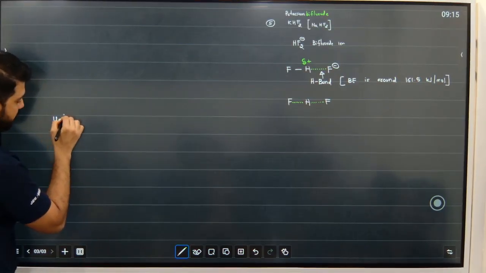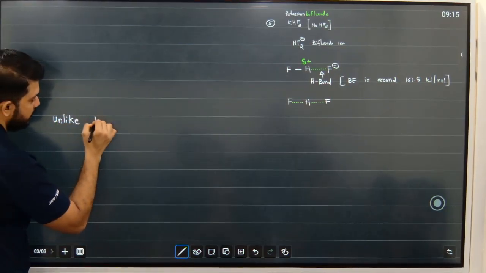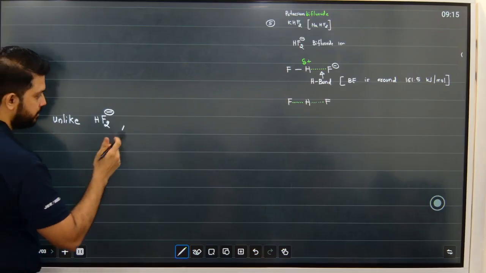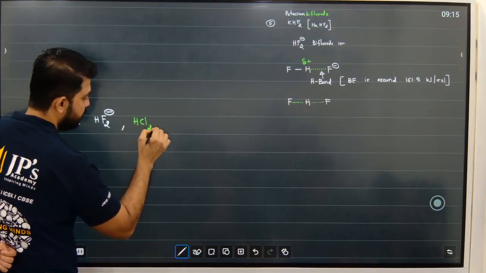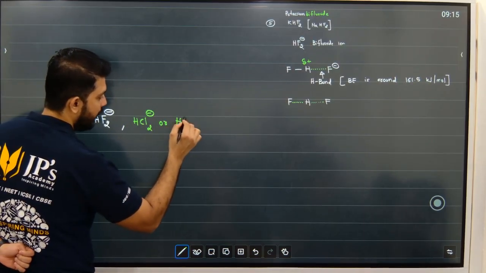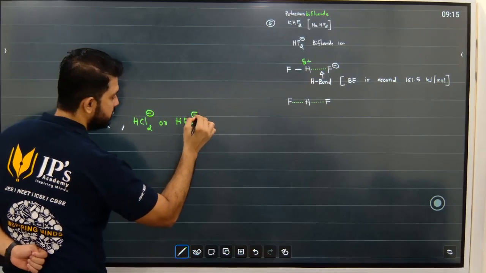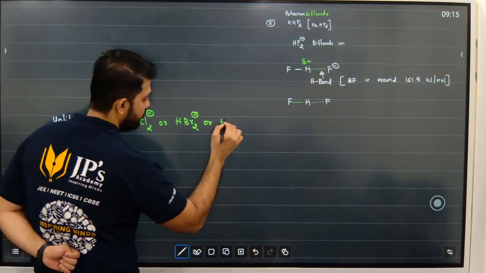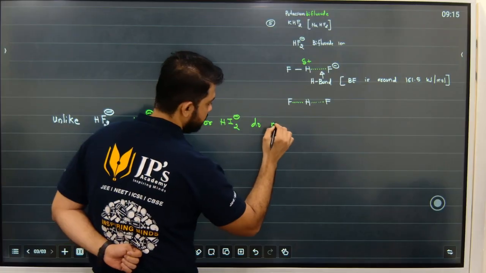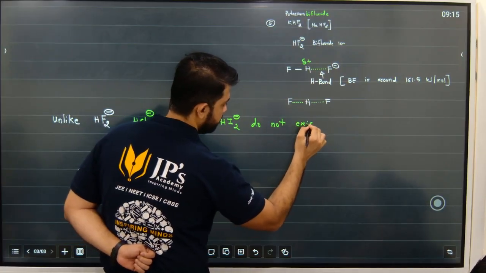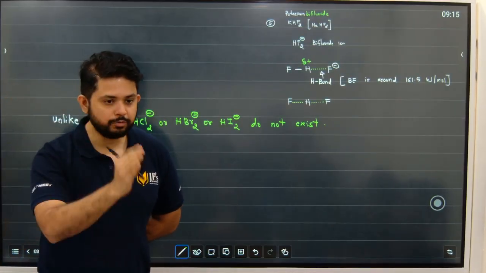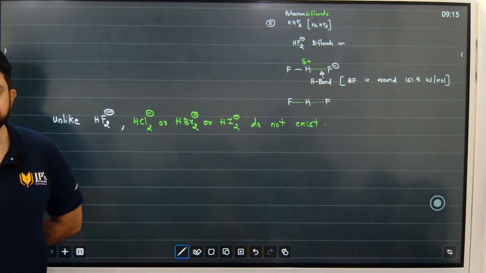So unlike HF₂⁻ or bifluoride ion, HCl₂⁻ or HBr₂⁻ or HI₂⁻, these do not exist. So only a bifluoride ion is possible, the other ions are not.